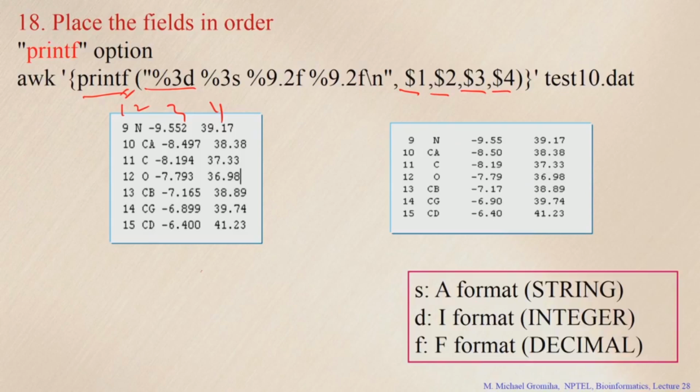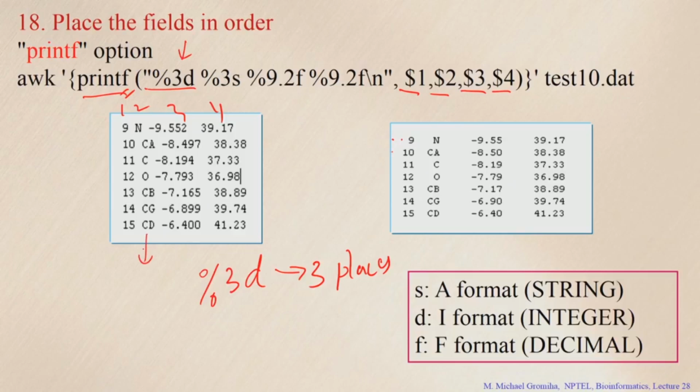For example, this %3d means this is 3 places in numbers. So, we will give 3 places, if you see this is 1, 2, 3, 1, 2, 3, it gives this order.